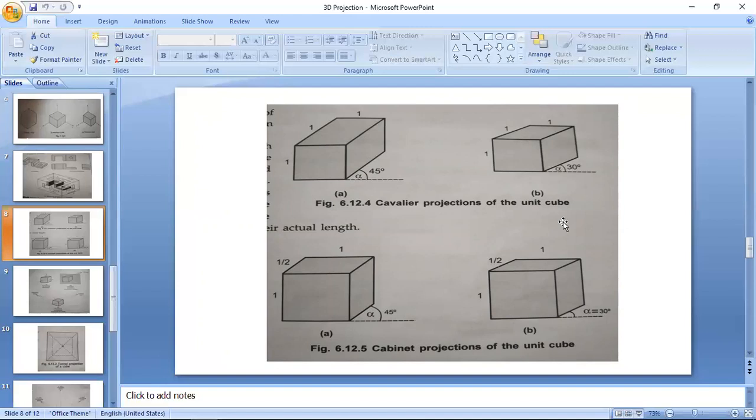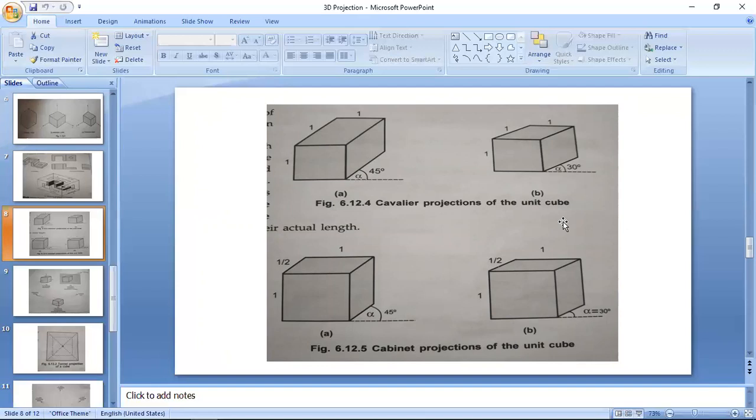You can see that this is the type of oblique projection, and it is obtained by projecting points along parallel lines that are not perpendicular to the projection plane.